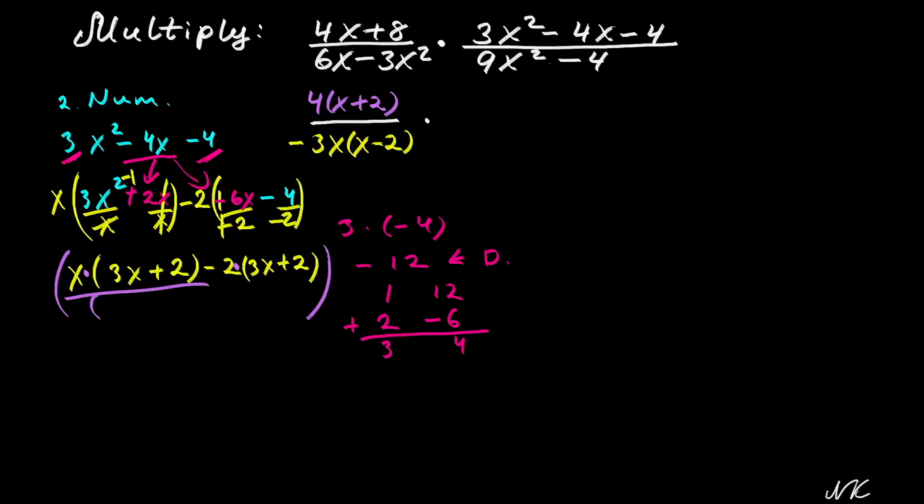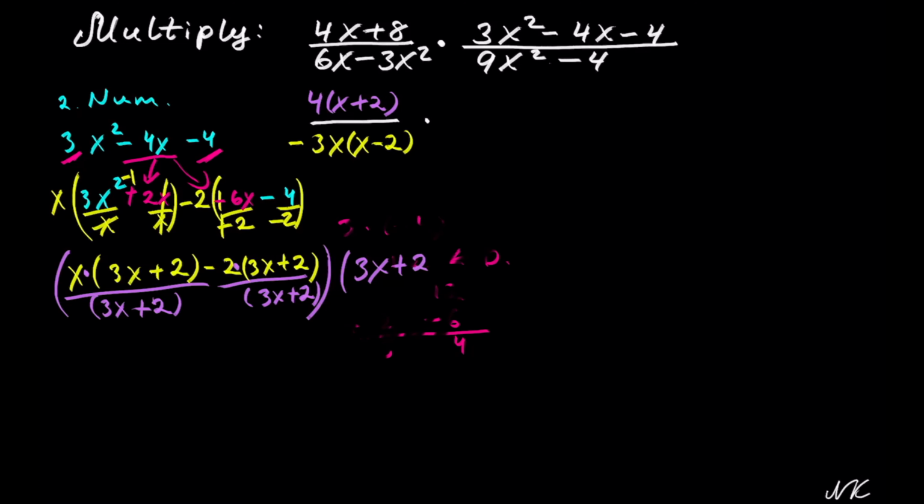Both of these terms can be divided by 3x plus 2 evenly. Whatever goes into the denominator, we will have to put on the outside. So we have 3x plus 2 on the outside. X times 3x plus 2 out of 3x plus 2. 3x plus 2 and 3x plus 2 will cancel, and we have x left over.